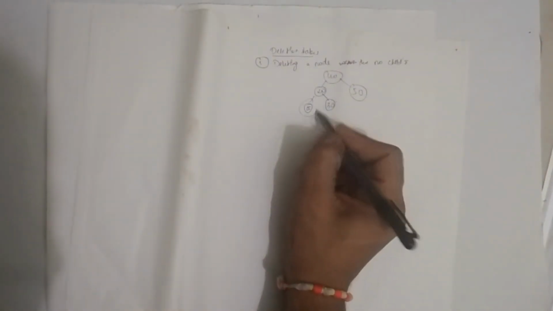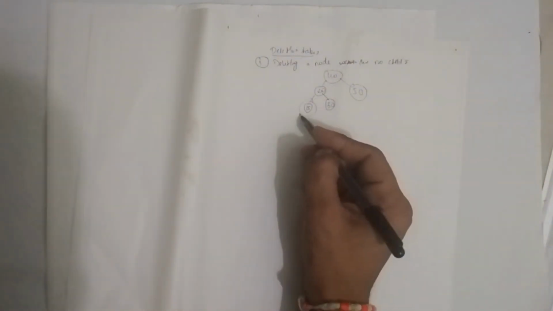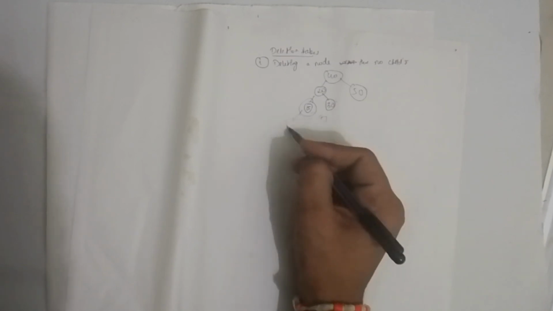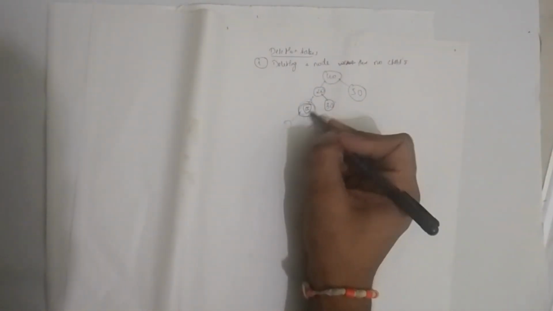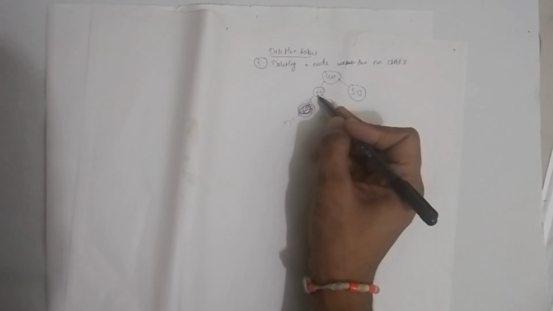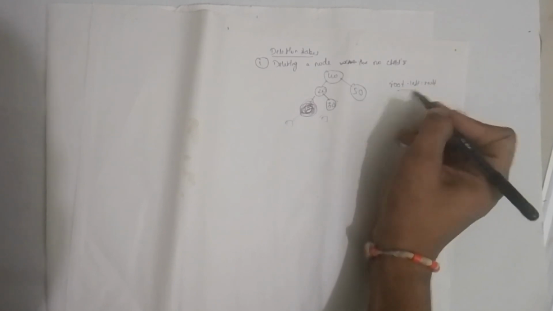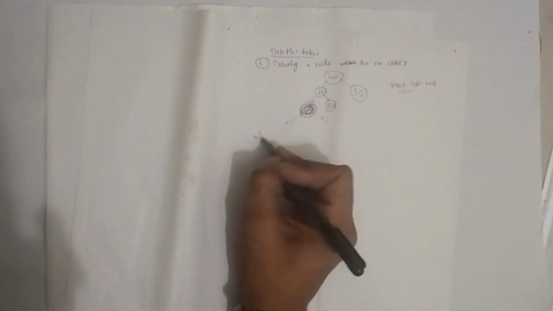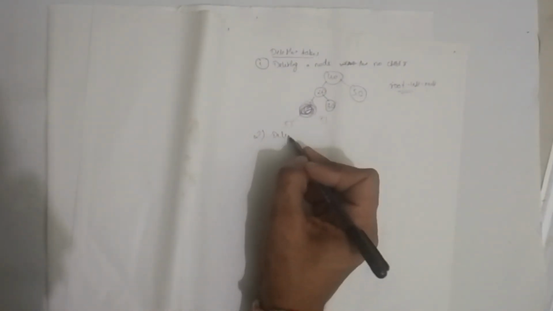So deleting 15, which has no child nodes, is very simple. Just make the root of 20, left is equal to null. That's enough.